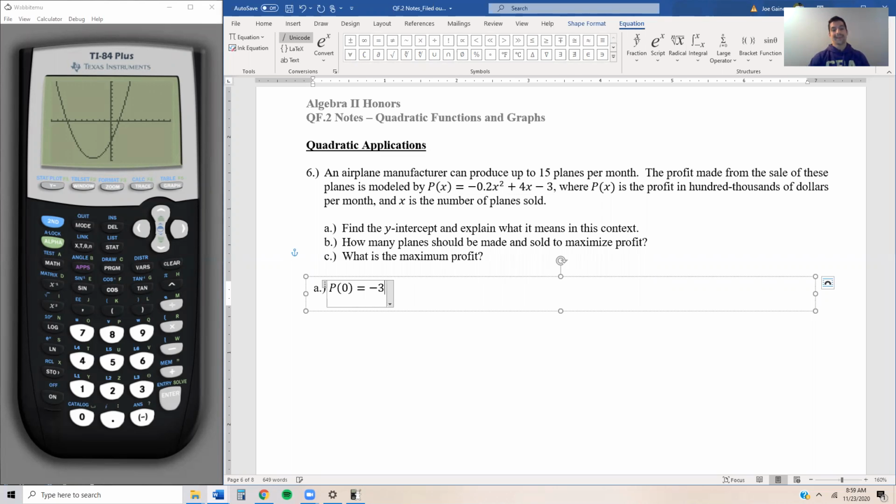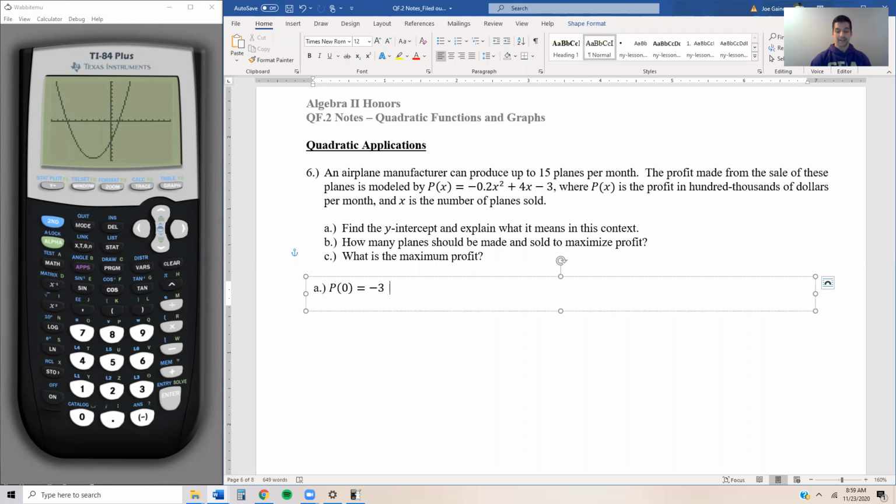So what we get is, and I'm going to write it in this form, P of 0 equals -3. I write it in this form because it allows an easier transition into applying context to what this value means. We know that the y-intercept is -3, but if we don't know what that means, it doesn't serve us any purpose. So it says, explain what it means in this context.